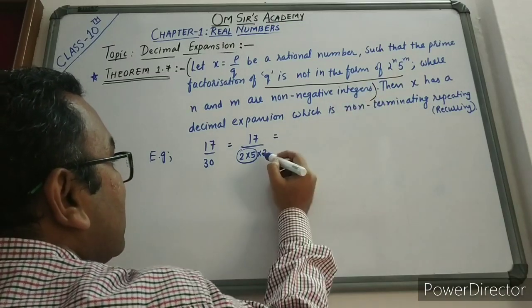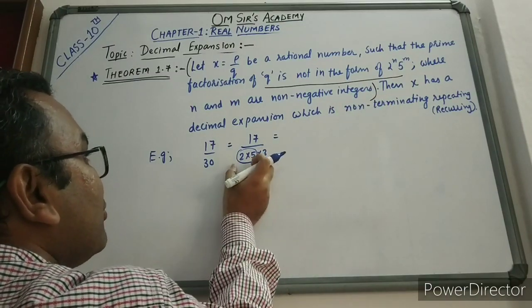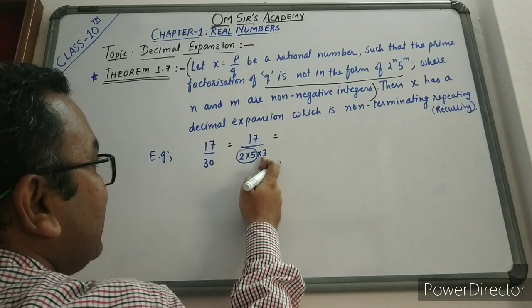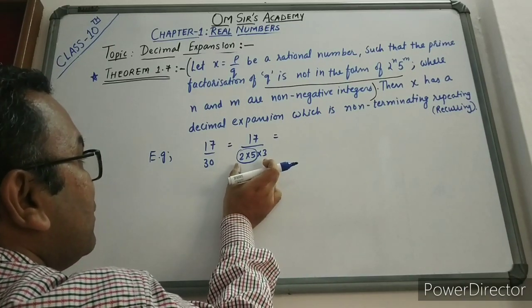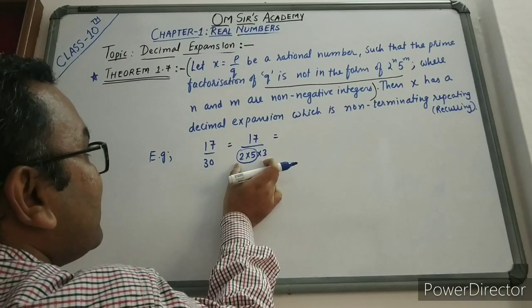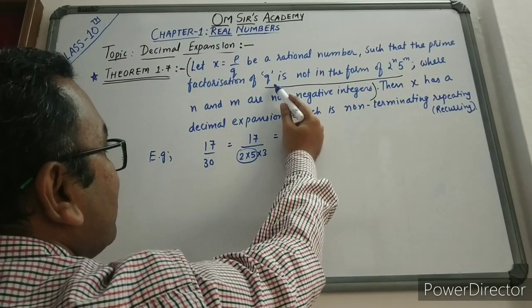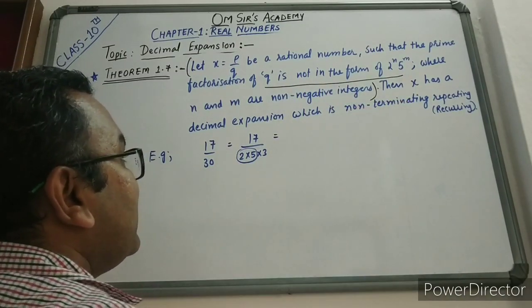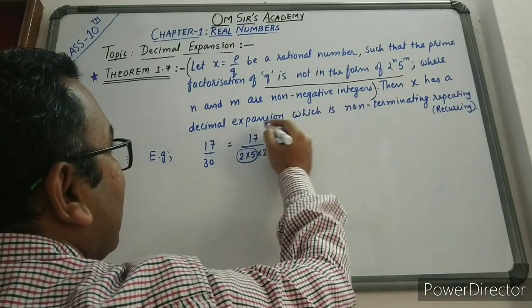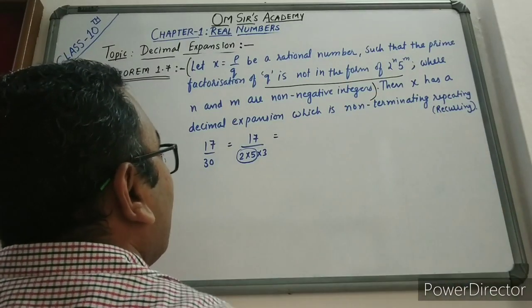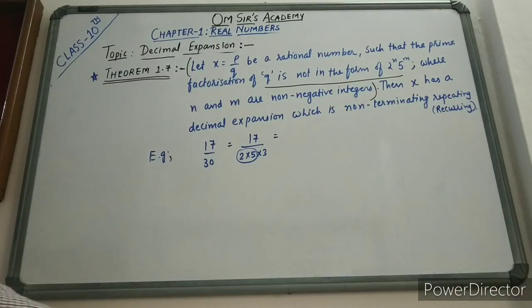No, there is one another prime factor apart from 2 and 5, that is 3. So whenever there is a sum where the denominator q is not in the form of 2 raised to n and 5 raised to m, then this will have a decimal expansion which will be non-terminating and recurring.